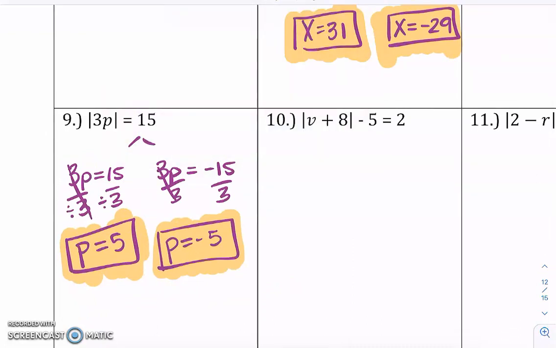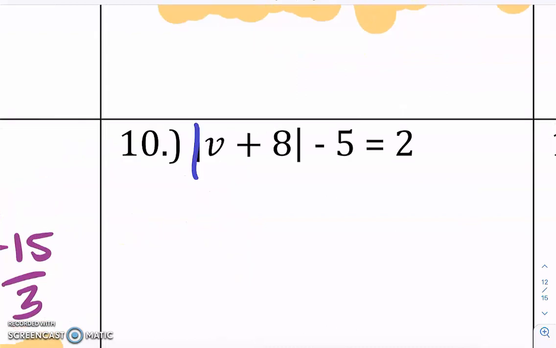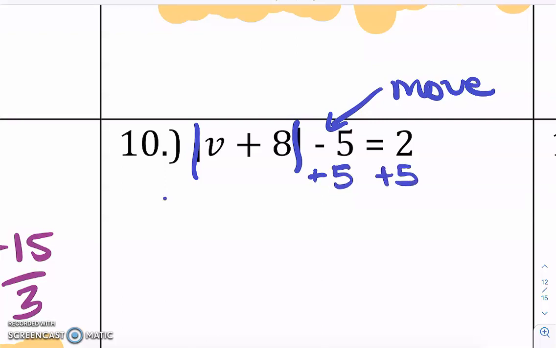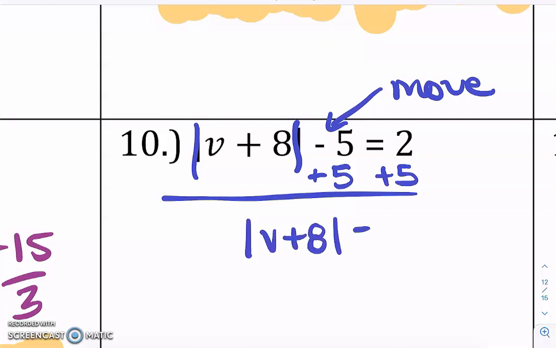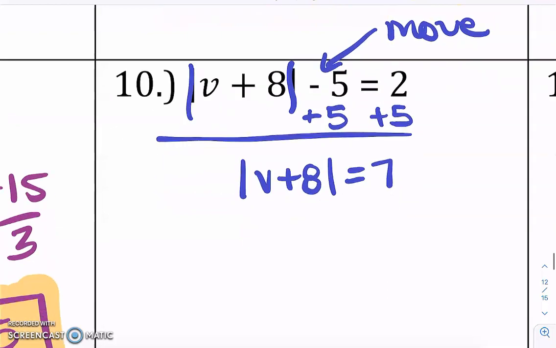For number 10, all right, absolute value is right here. So we need to move that minus 5. Since it's minus 5, add it over. Get the absolute value of v plus 8 equals 7.